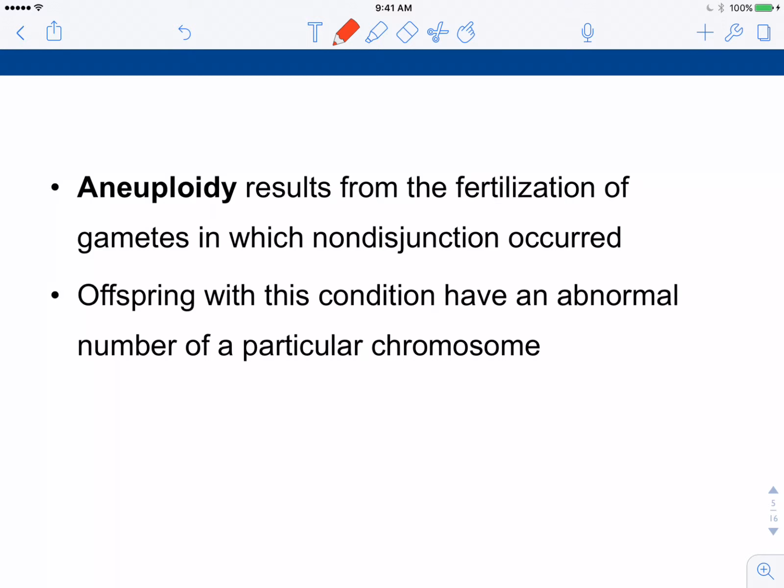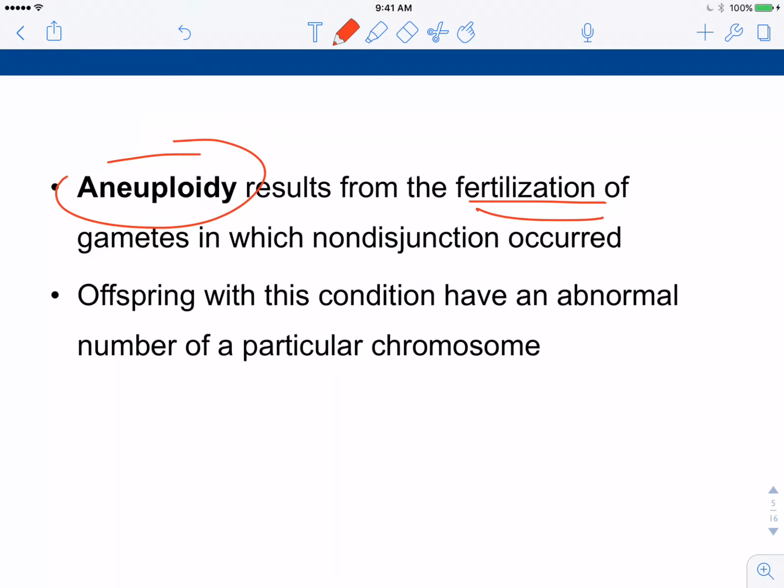The resulting condition, if you fertilize one of these gametes where non-disjunction has occurred, is called aneuploidy. Aneuploidy means an abnormal number of chromosomes. It's not diploid, it's not haploid, it's called aneuploid. It can either be 1 more or 1 less.